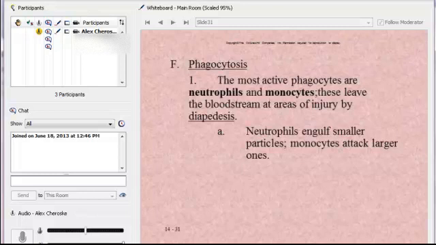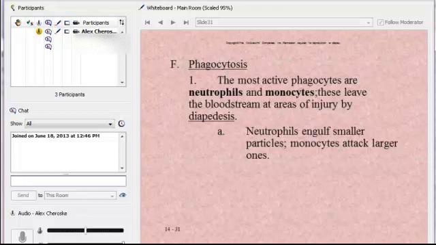Now, as you can imagine, if you have an infection, in many cases, it's not going to be directly inside of the blood vessel, right? It's going to be in your skin, or it's going to be in the wall of a particular organ, or something like that, right? So, for these cells to actually be effective, they have to be able to get to that site of infection.